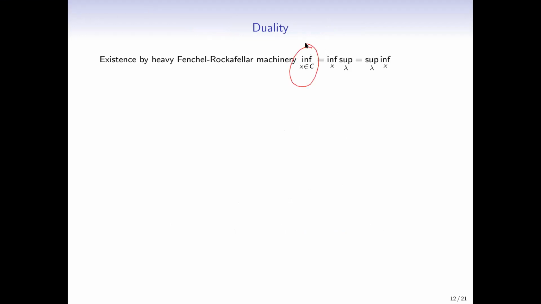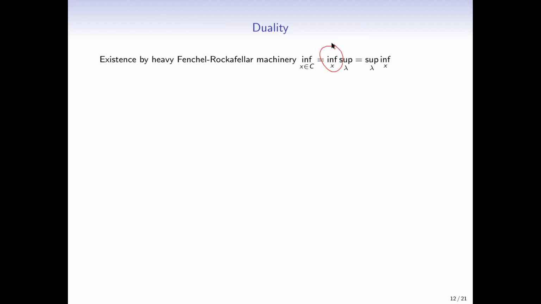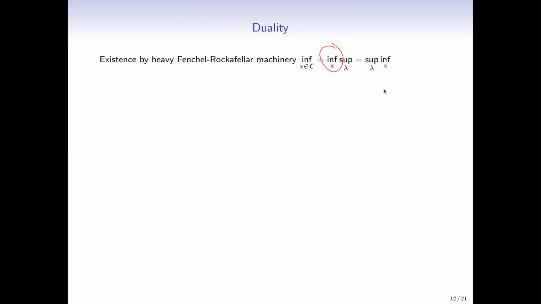So say you have an infimization problem with constraints that X should belong to some constraint space C. The first thing you want to do is rewrite the constraints that X should belong to C by using a Lagrange multiplier lambda. So the role of lambda is to encode that X is constrained, but now the infimization over x becomes unconstrained because you use the multiplier lambda to encode the constraint.